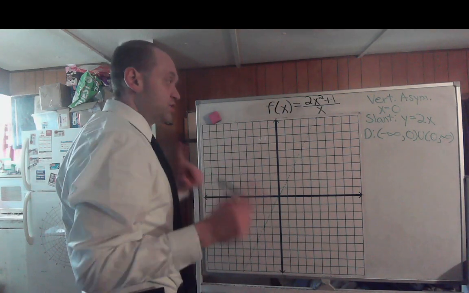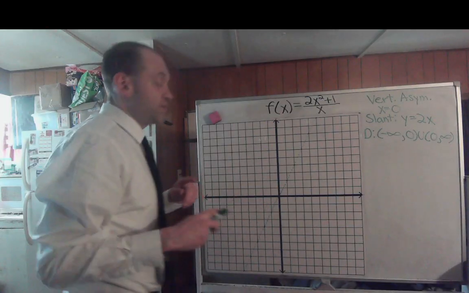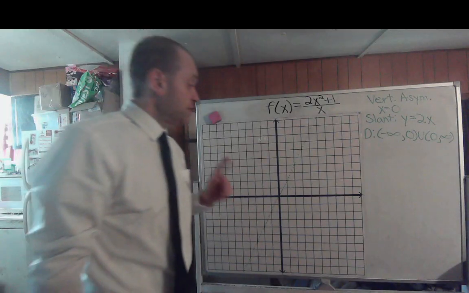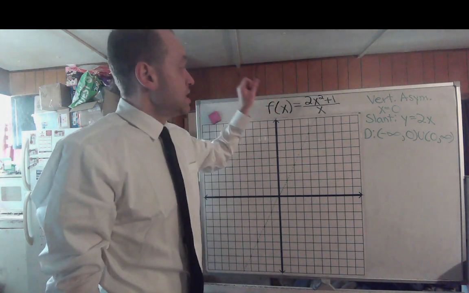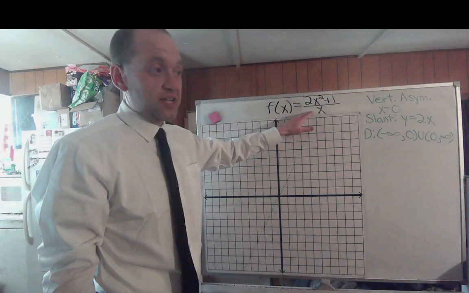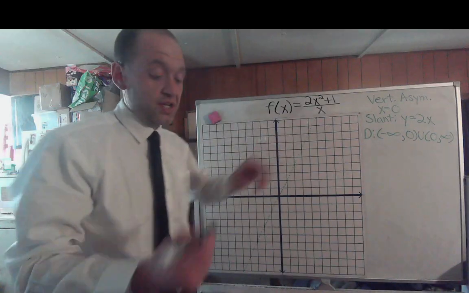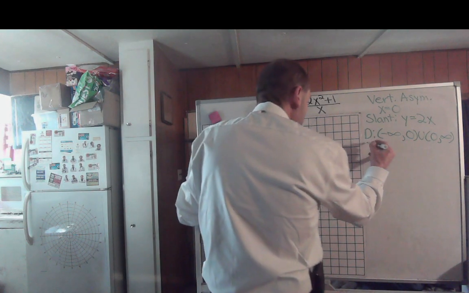Alright, well, let's do a graph here. Oh, wait, let's find our intercepts. So if we set x equal to 0 to try to find the y-intercept, we end up getting 1 over 0, which is undefined. We don't have a y-intercept.